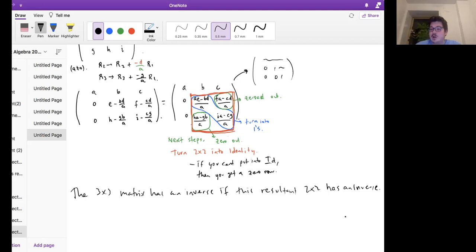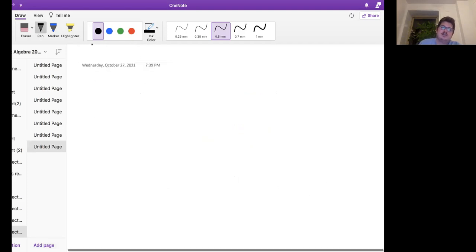Well, we know what the determinant of a 2 by 2 is. So let's do that. I'm going to just rewrite the whole matrix on a new page.